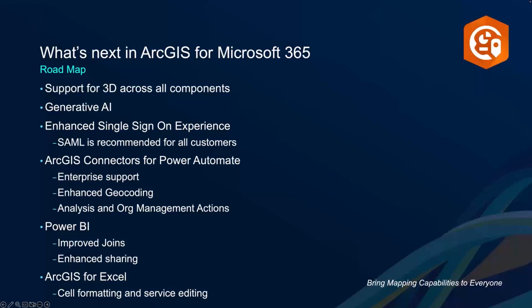The final is one of the efforts that the ArcGIS for Excel team is working on right now, is improved cell formatting and service editing. So what this is as people are using Excel, there is a rich set of formatting tools that exist there. So what we're building are tools to carry that formatting over to an ArcGIS service and respect that format in the service's display of the data.